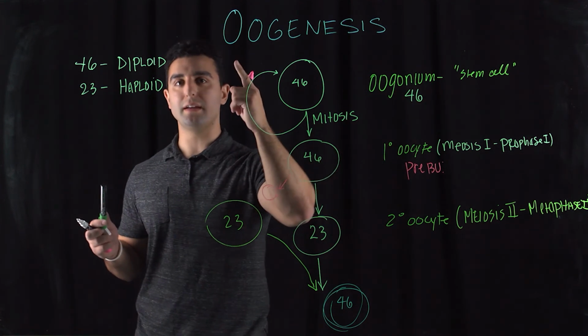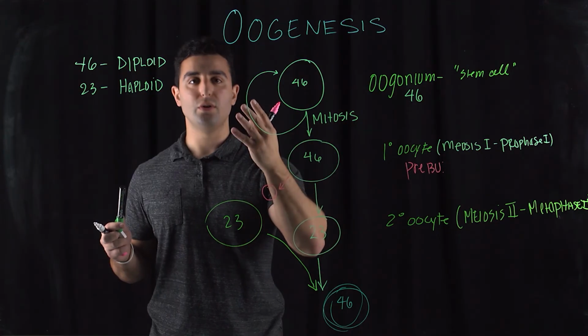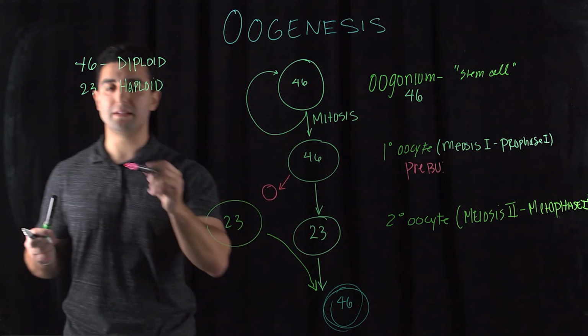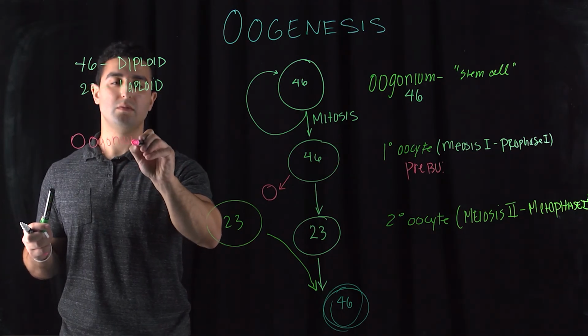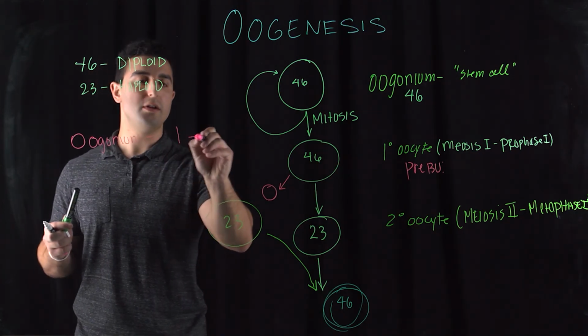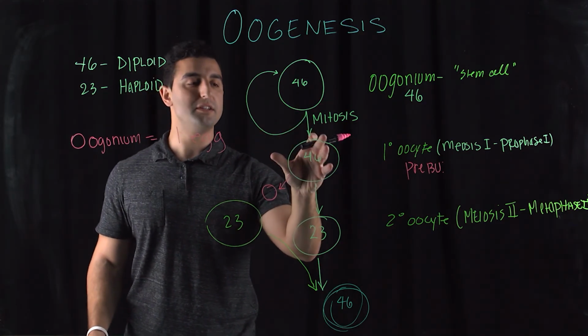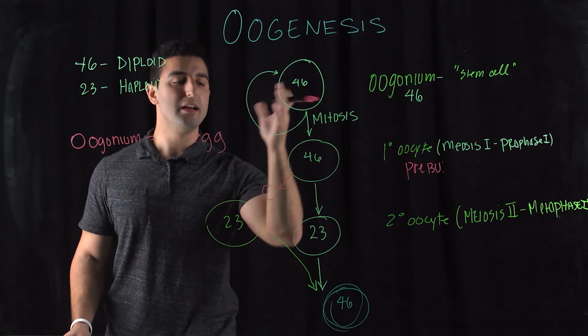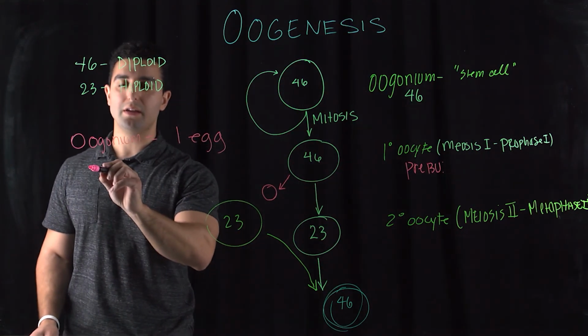That's why one oogonium gives you one egg. One spermatogonium gives you 4 sperm. So does that make sense? So if I talk about the oogonium equals 1 egg, because all of the information and the cell material goes into that one specific egg, the remaining polar bodies become insufficient and obsolete, not actually worth much.